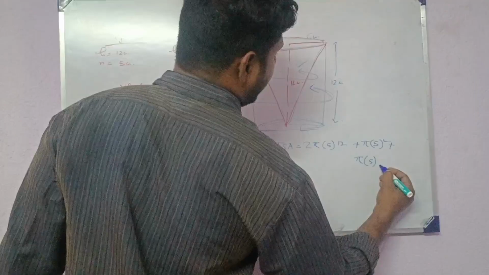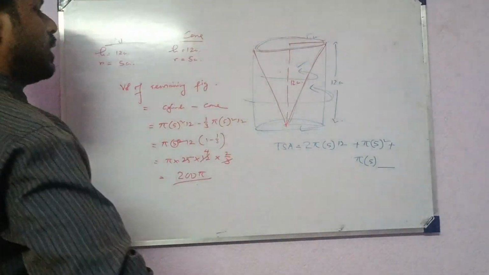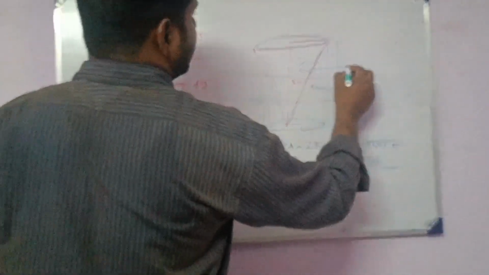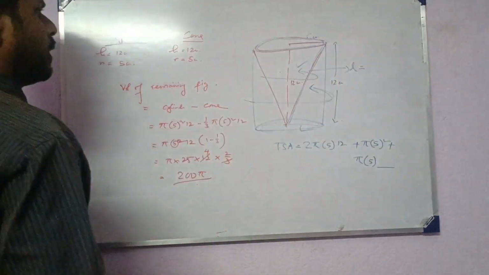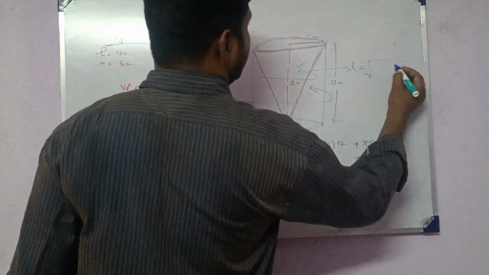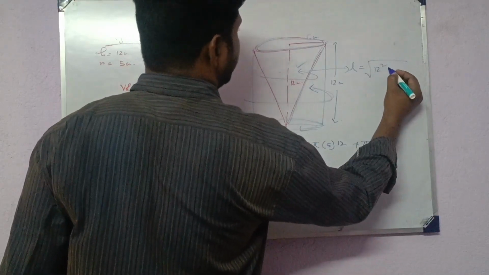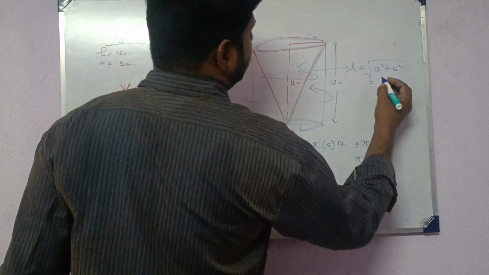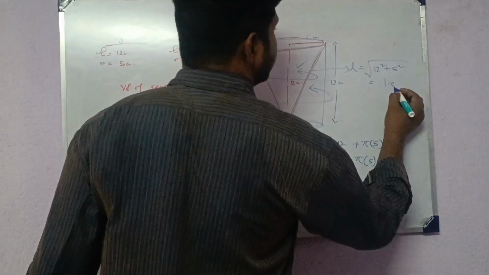L. Now L এখানে L বসবে না। What is the value of L? That is L, এই জিনিসটা তো L। Now L should be equal to root over r square plus h square. So root over h square is 12 square and r square is 5 square. So 12 square and 5 square, that is 13.